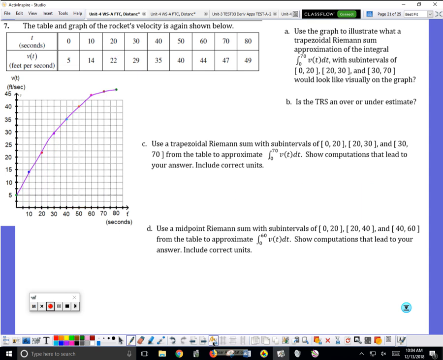Okay, for trapezoidal, if I'm integrating from 0 to 70, velocity multiplied by change in time, I need to have those subintervals. So this is another example of don't read quickly.